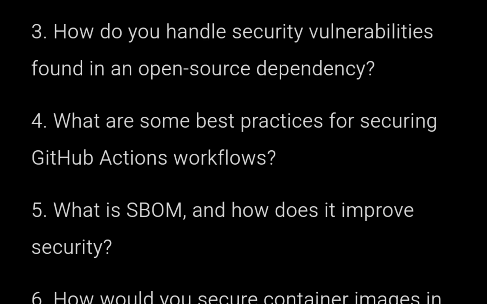This question is regarding GitHub Actions. What are some best practices for securing GitHub Actions workflows? We can maintain limited access, using least privilege access for tokens, and we can also prevent code injections.